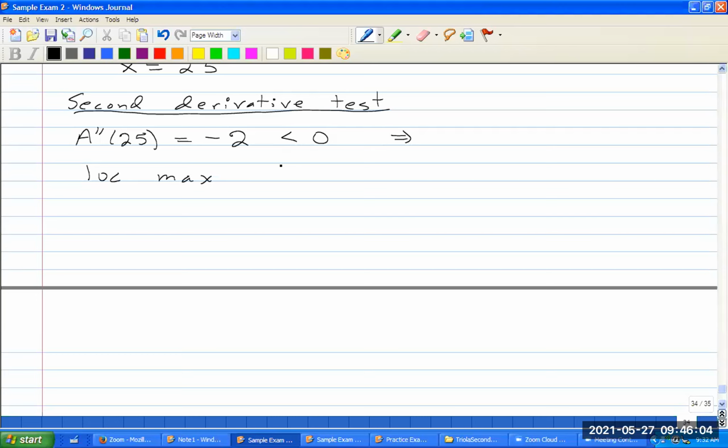But since the second derivative is always negative, since it's always concave down, this is a global maximum. There's only one maximum.